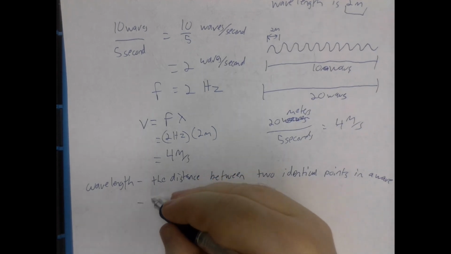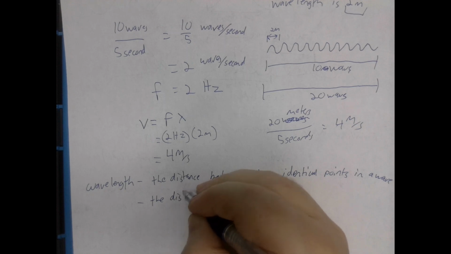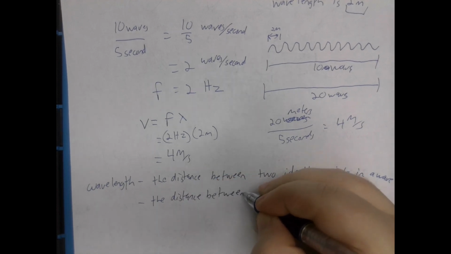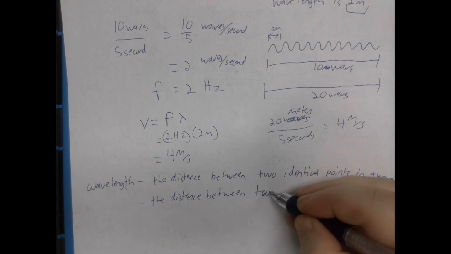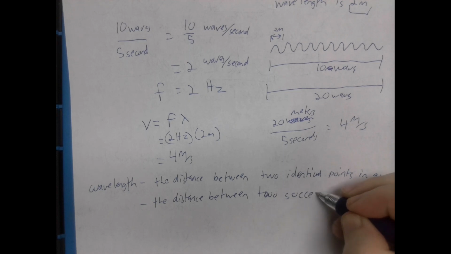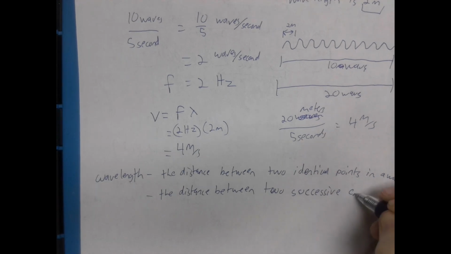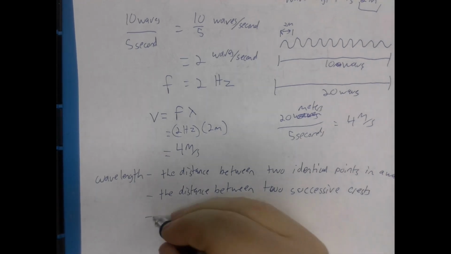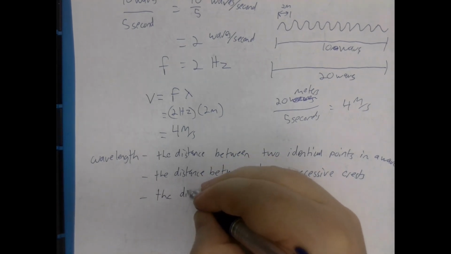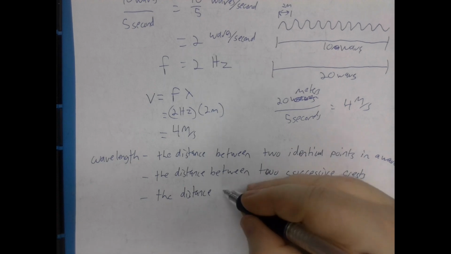We can also define it as the distance between two successive crests. We can also define it as the distance traveled in one period.